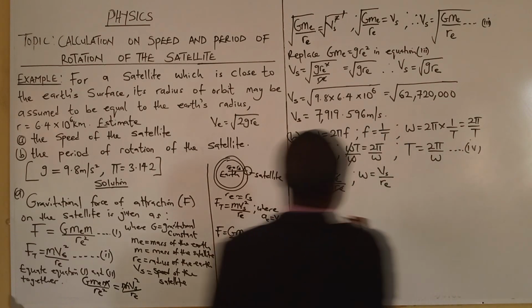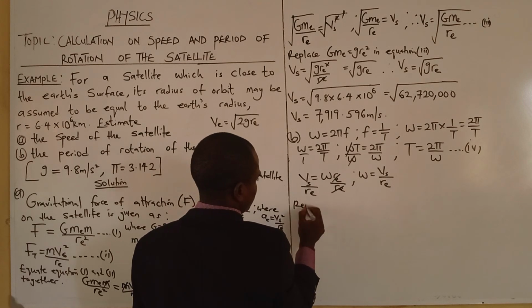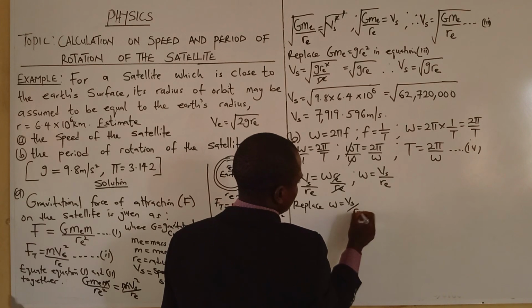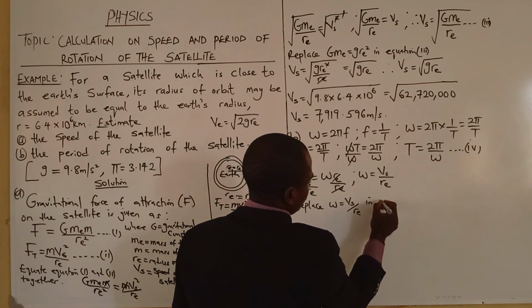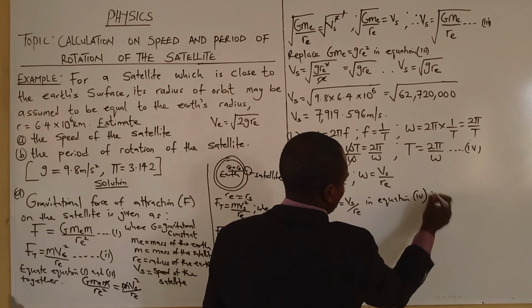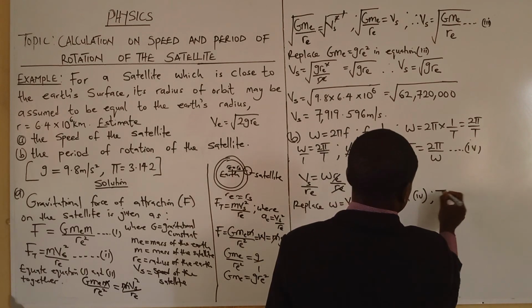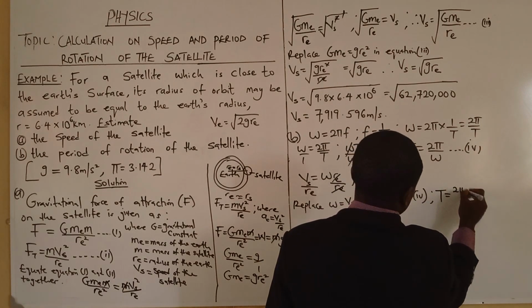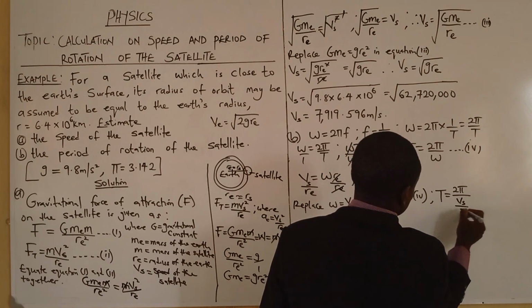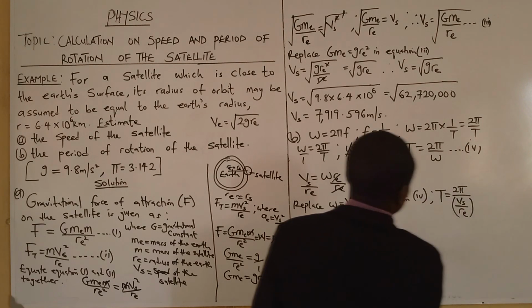Replace W equals Vs over Re in equation 4. We now have T equals 2 pi over, instead of writing W, put Vs over Re.